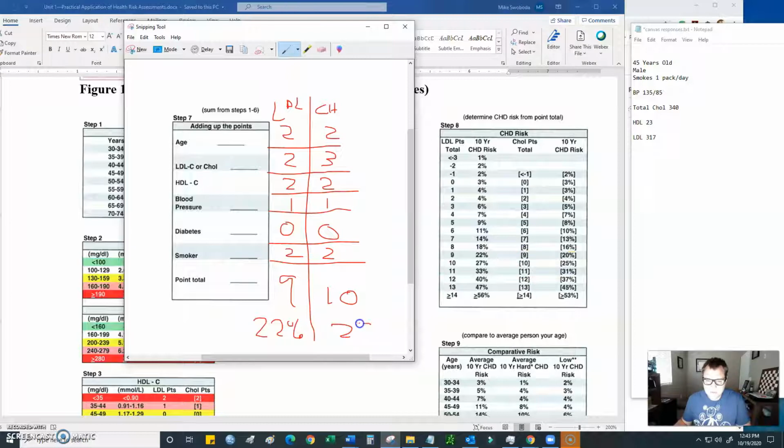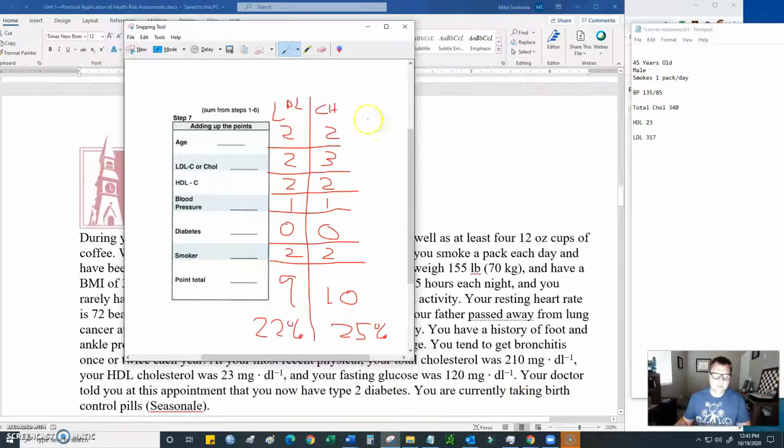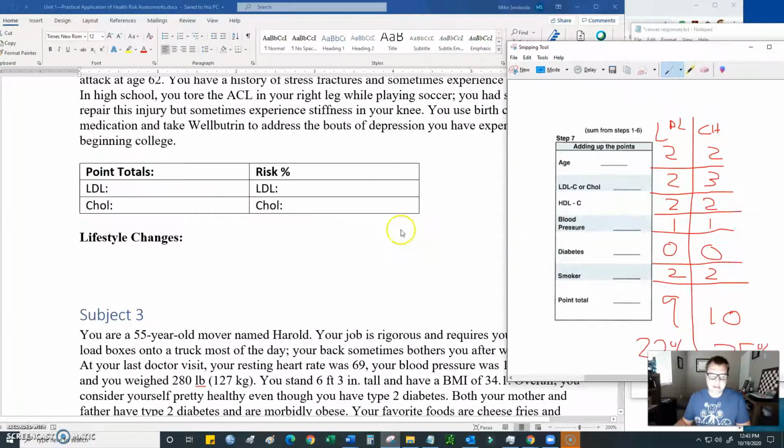That gives him a 25% risk. And at age 45, if you look at the comparative risk, he is at a higher risk overall than an average person his age.